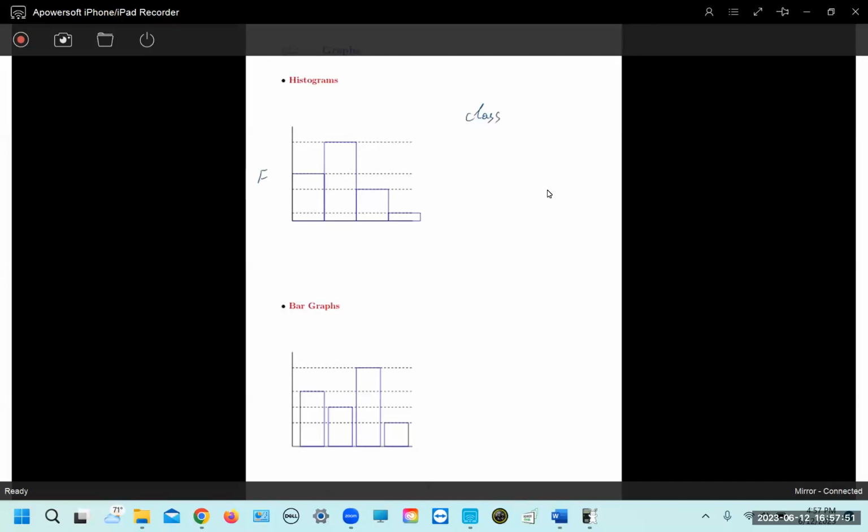We use the same thing like the one we had before, 1 to 5, 6 to 10, and 11 to 15, 16 to 20, and the frequency. So we got 6, we got 10, we got 4, we got 1.